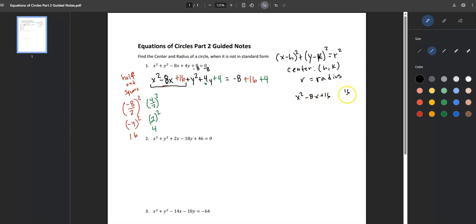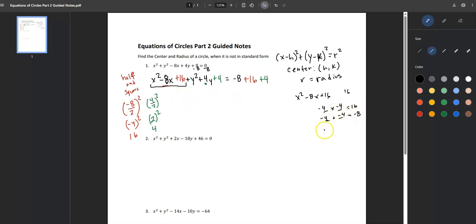I need two numbers that will multiply to 16 and add to give me my middle number of negative 8. So we're going to go negative 4 and negative 4, and it should always be the same number with completing the square, because negative 4 times negative 4 gives me 16, and negative 4 plus negative 4 gives me negative 8.